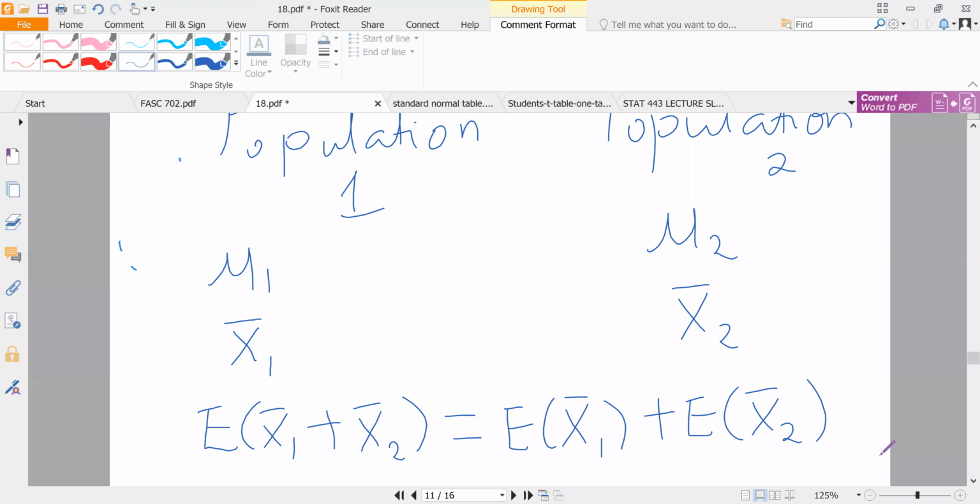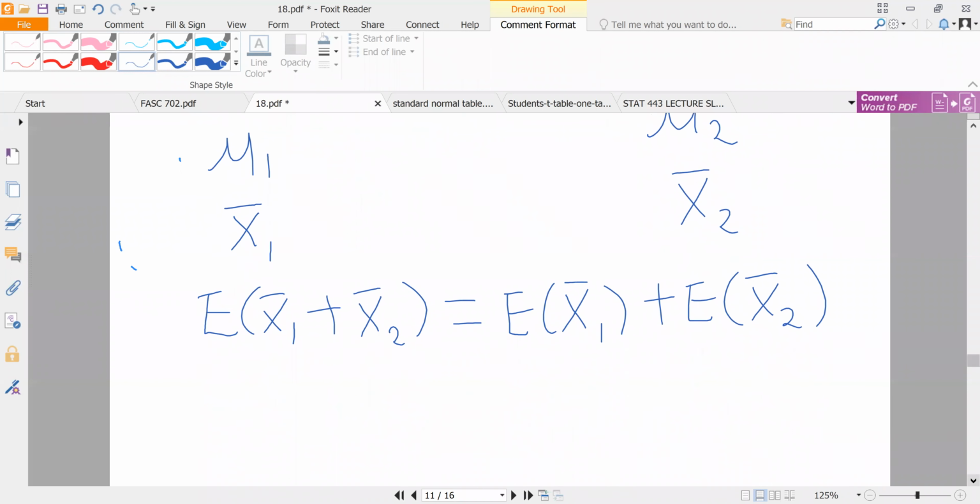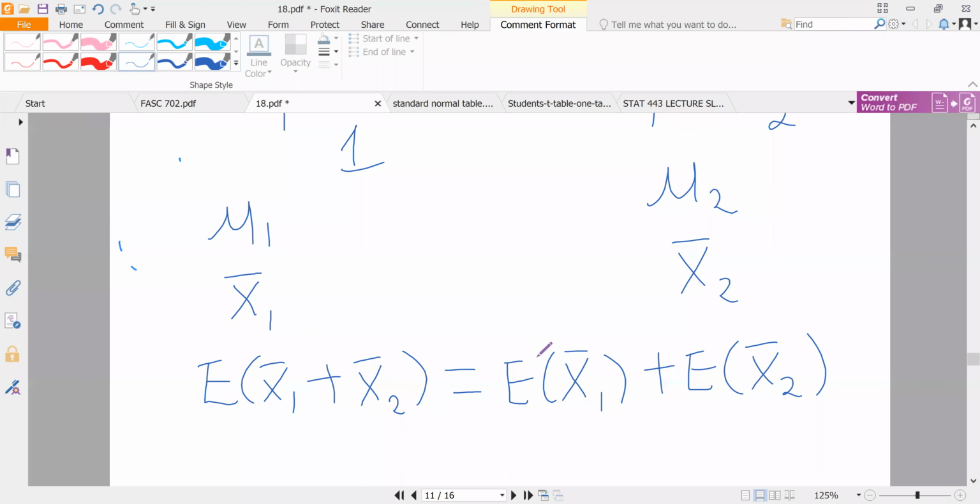Because the two populations are independent, this rule of expectation is true. And remember, we saw that the expectation of X bar 1 is mu1, and the expectation of X bar 2 is mu2. So for independent populations, the expectation of X bar 1 plus X bar 2 is equal to mu1 plus mu2.